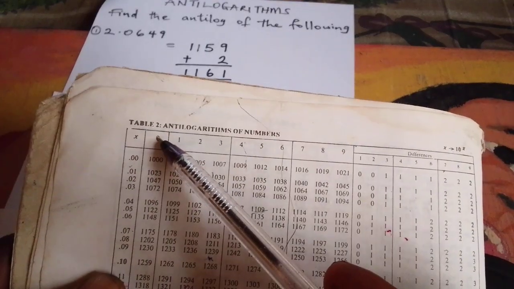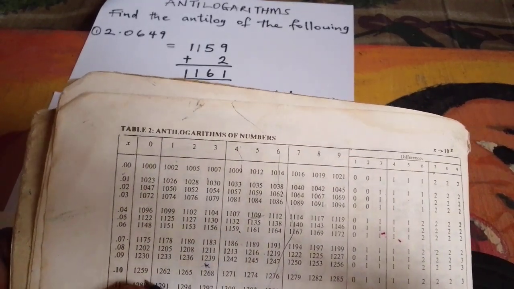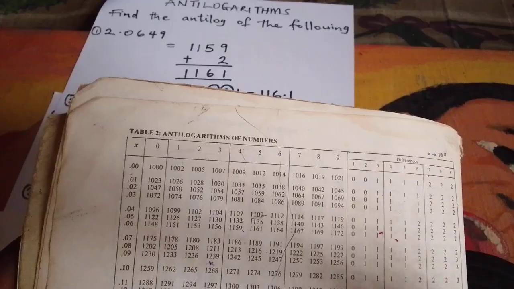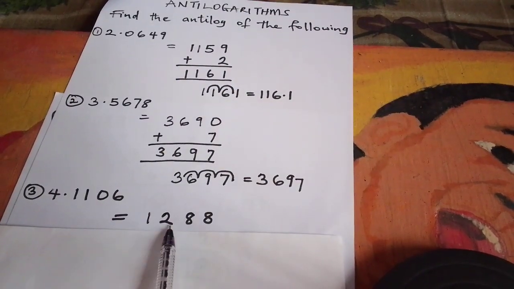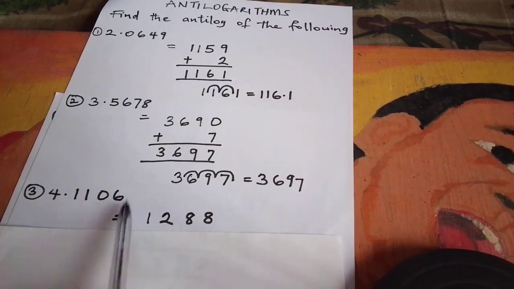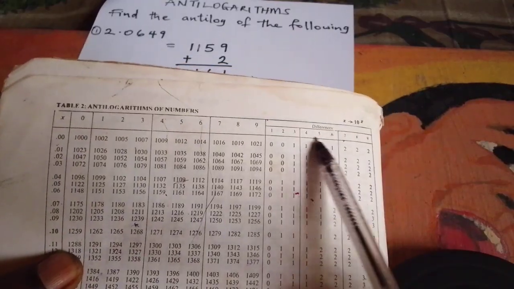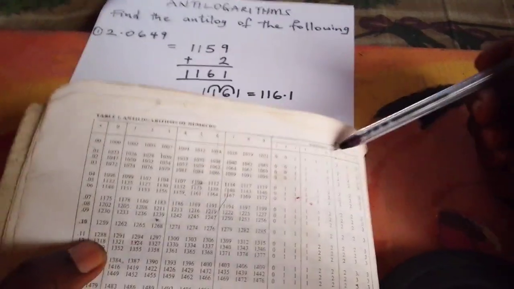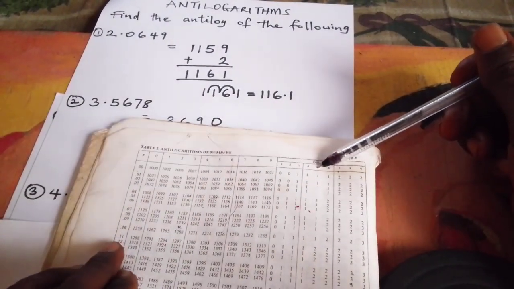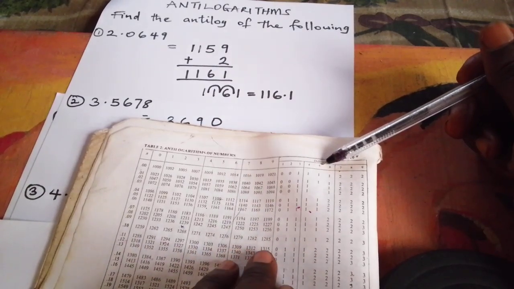So under 0 is at the first column here. You have 1288. So that means you pen down 1288. Then the difference of 6. You come to your difference of 6 here. So you trace it down to where 0.11 is.